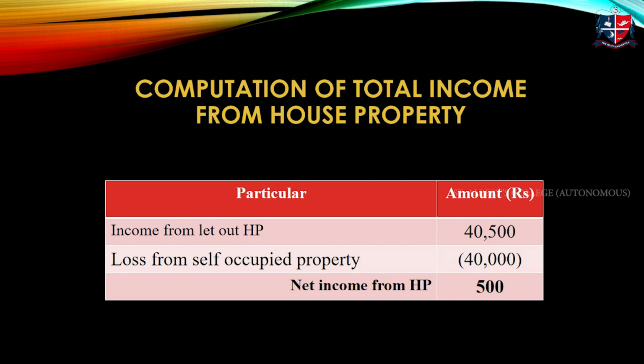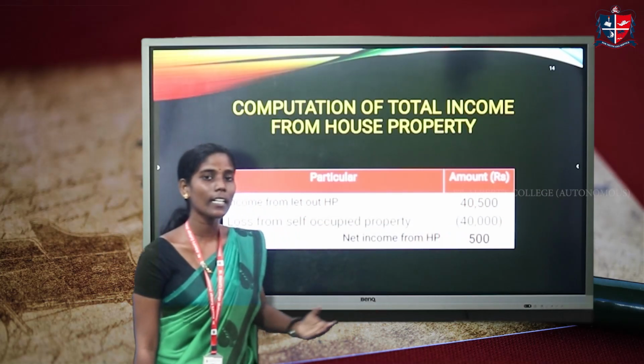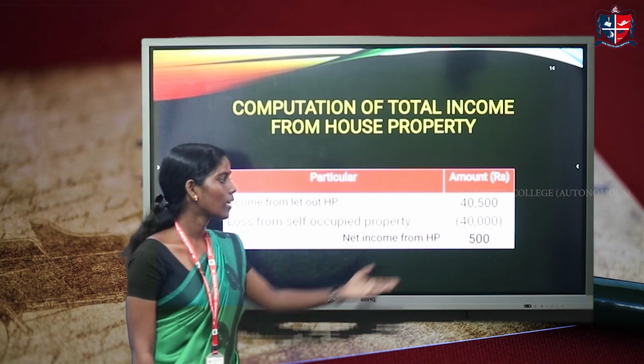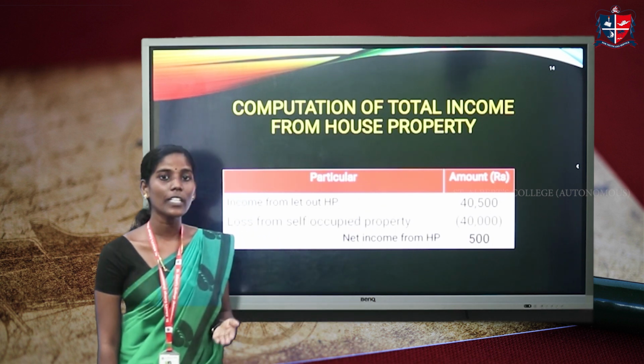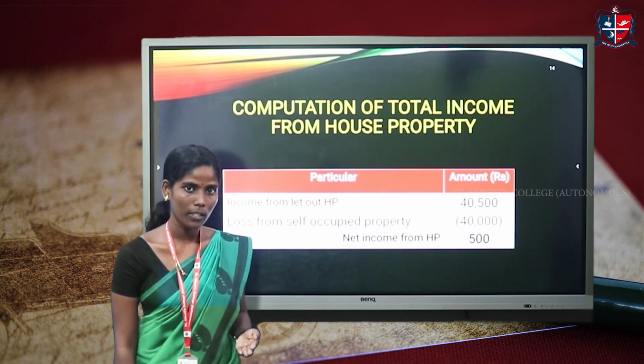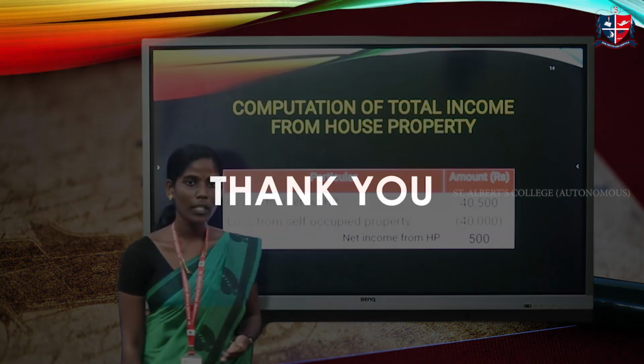And here we set off the loss with the income. So the net figure will be 500. That means the net income from house property will be 500. So this is about computation of income from let out house property. Okay, thank you.